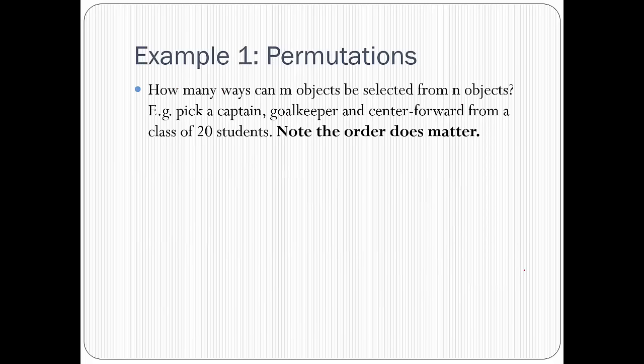Now we'll talk about some problems involving permutations. For example, how many ways can m objects be selected from n objects? As an example, you want to pick a captain, a goalkeeper and a center forward from a class of 20 students. In this case, the order in which you pick is important. The captain can be picked from any one of the 20 students, so 20 ways.